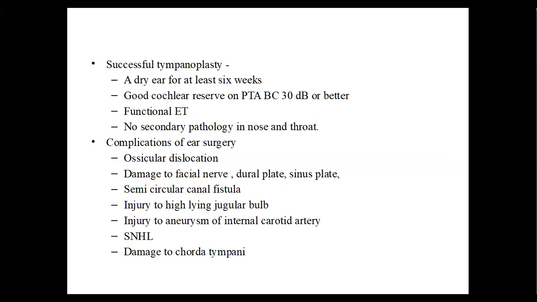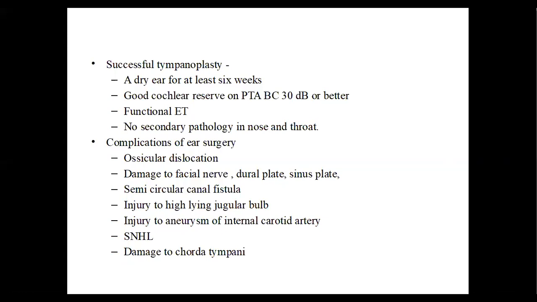Okay. So coming to the complications of ear surgery. So once you have operated on the patient and you get the patient in your follow-up period, if you get these, then that means there was something wrong during your surgery. So what can go wrong? Per-operatively, you can have certain problems, and post-operatively, there are certain complications.